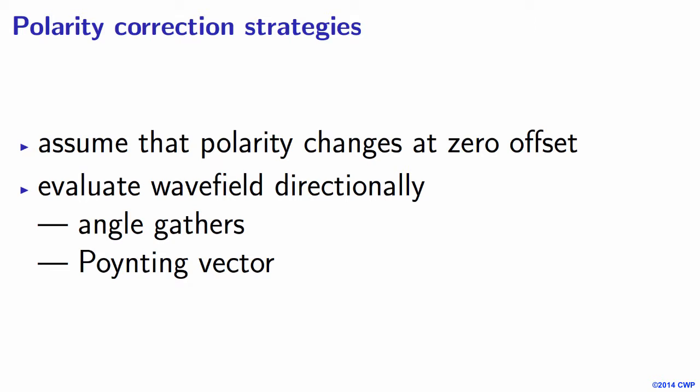But we need to compute spatial lags, which adds dimensions to the image, so this method is computationally expensive. Another choice is to use the pointing vector, but as the pointing vector only computes one single value at one spatial point, it can't handle complicated wave fields.